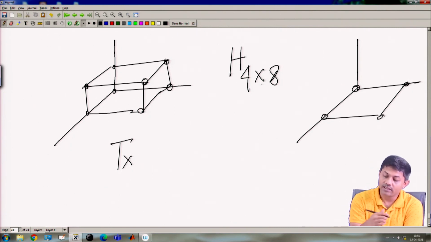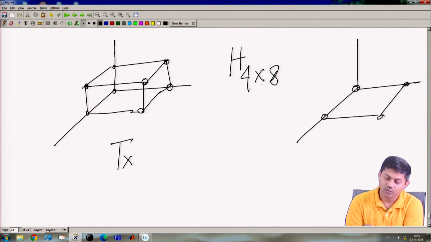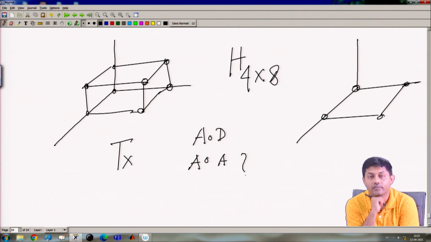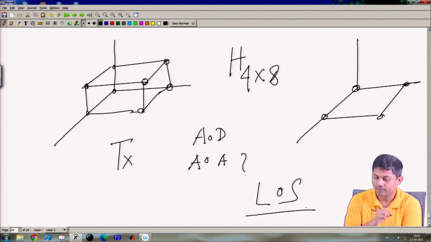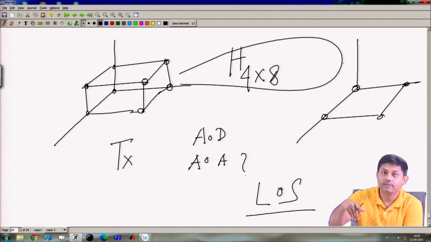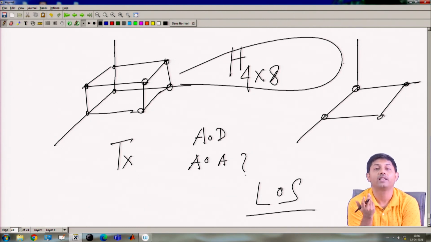Okay. Suppose there is no reflector in this case. So, will it have two different sets of angle of departure and angle of arrival? Suppose no reflector, it is a line of sight. That means, if at all a beam is created, the receiver is in the same path. So, what should be the angle of departure and angle of arrival in this case? Do I have to give you two different AOD and AOA?